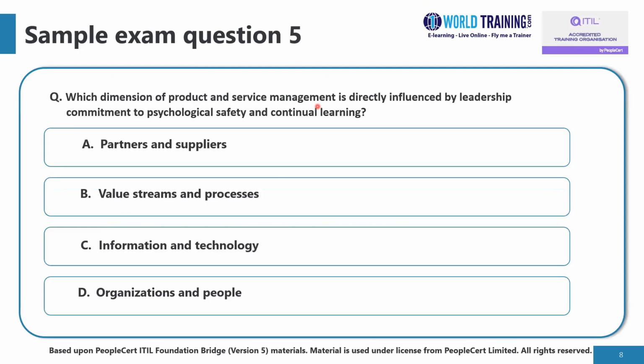Number 5. Which dimension of product and service management is directly influenced by leadership commitment to psychological safety and continual learning? A. Partners and suppliers. B. Value streams and processes. C. Information and technology. D. Organizations and people. This is a question related to the 4 dimensions of product and service management.